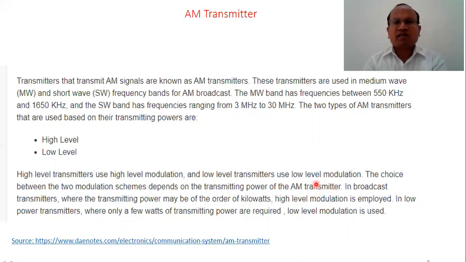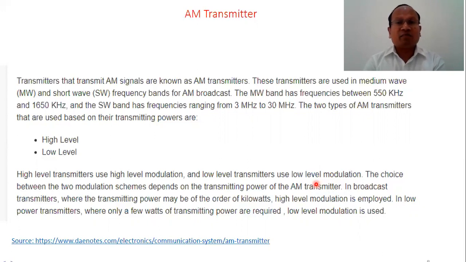The level of modulation is less, the level of modulation is high. Obviously, when the level of modulation is less, the power will be less. If the level of modulation is high, the power will be high, because we have discussed in previous lectures that the power transmitted, the power level of carrier, the power level of AM signal, they all depend on the level of modulation.